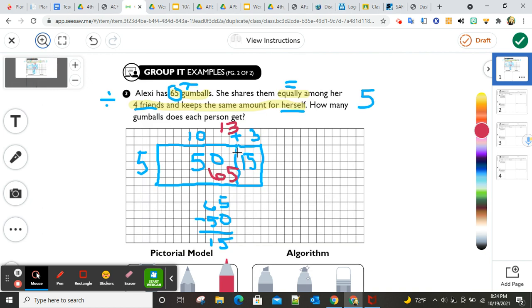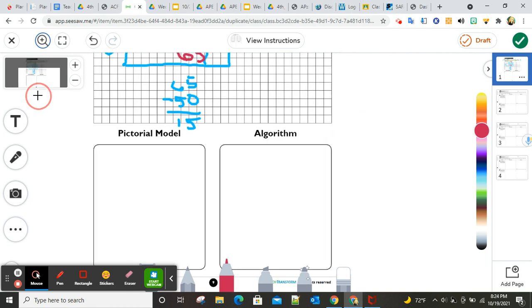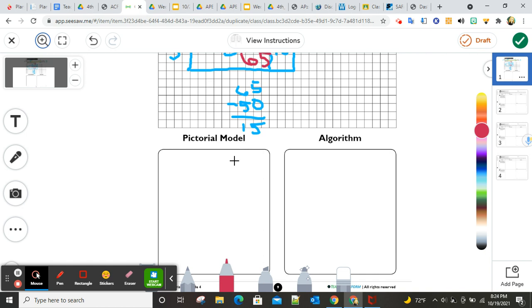So this is our area model. Now, there's other ways that you can do an area model. You could draw 65 dots. That would take a while. So I'm actually just going to draw a square for this one. But I'm going to do my partial quotient first.